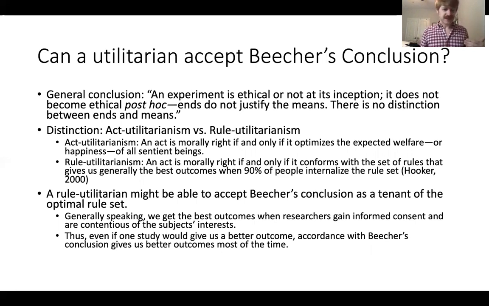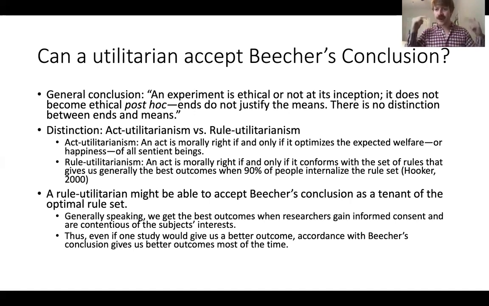According to rule utilitarianism, an act is morally right if and only if it conforms with the set of rules that give us generally the best outcomes when 90% of people internalize the rule set. And this comes from Brad Hooker's book. I think it's Ideal Code, Real World. I think that's the name of it. So the idea here is that, okay, generally speaking, it's bad to kill people, right? Killing people gives us bad outcomes a bunch of the time, right?